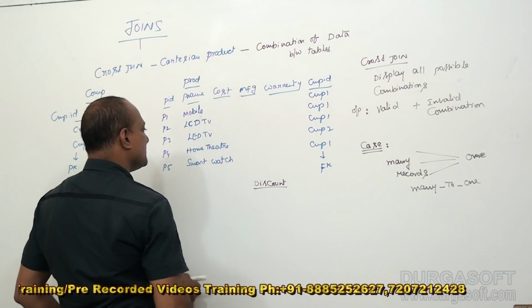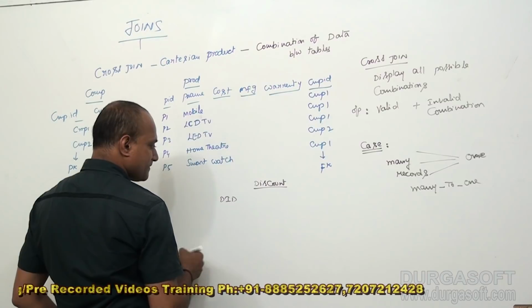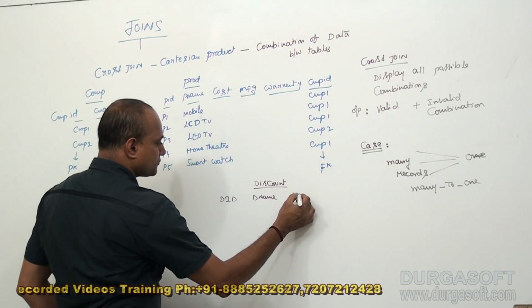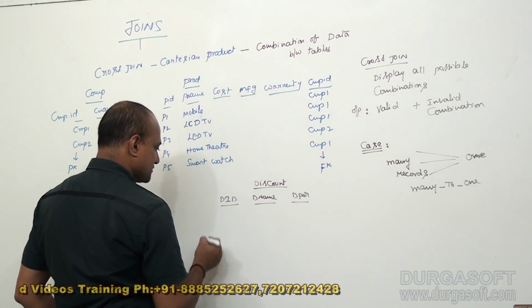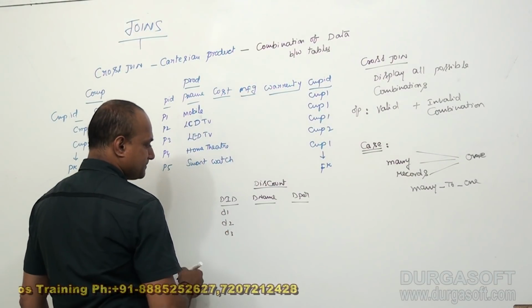The name of the table is discount. So discount ID, DID, discount name, and discount percentage. Discount 1, discount 2, discount 3.